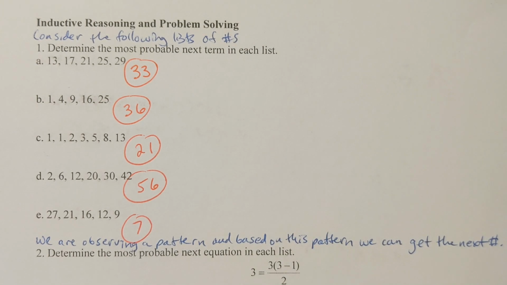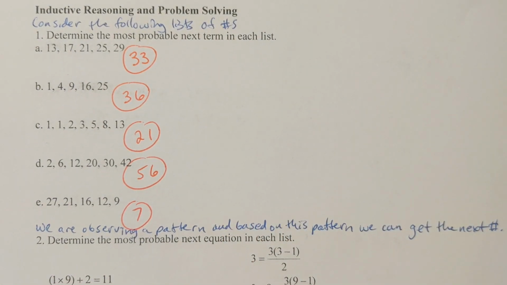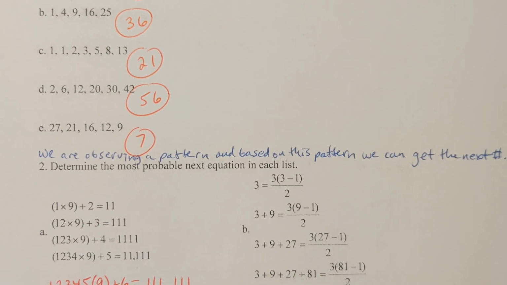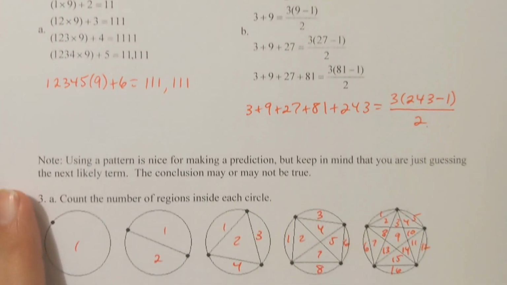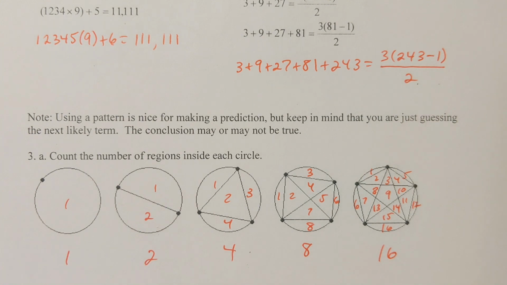Okay, well 33 would be a reasonable guess. But so who knows though? It could be 28. It could be anything. So the conclusion may or may not be true. Okay, that's important.